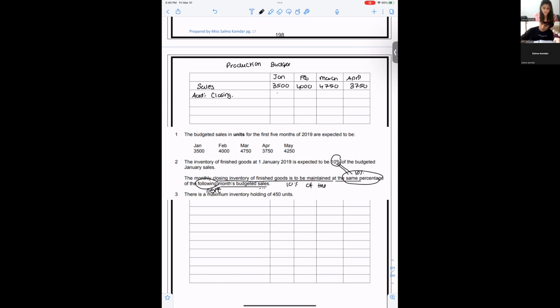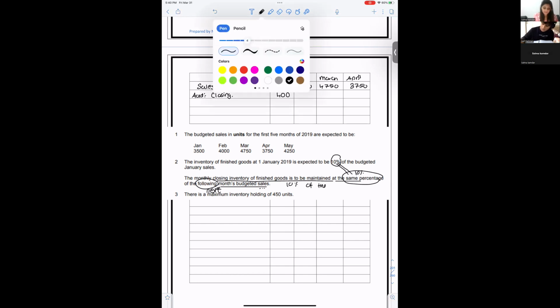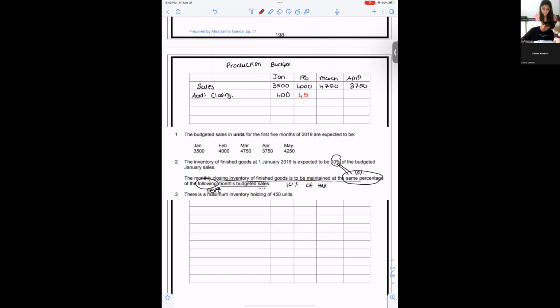So closing inventory will be 400. Here it will be 475, we can't put more than 450. Here it will be 375, and here it will be 425.